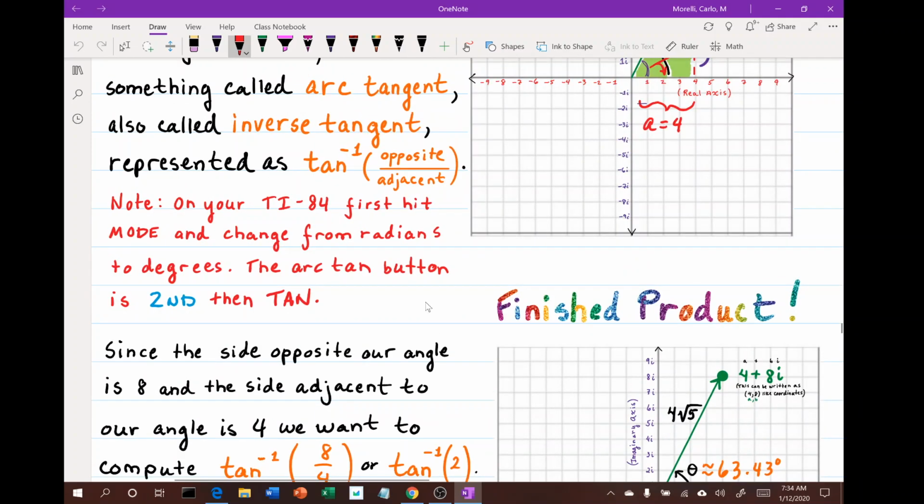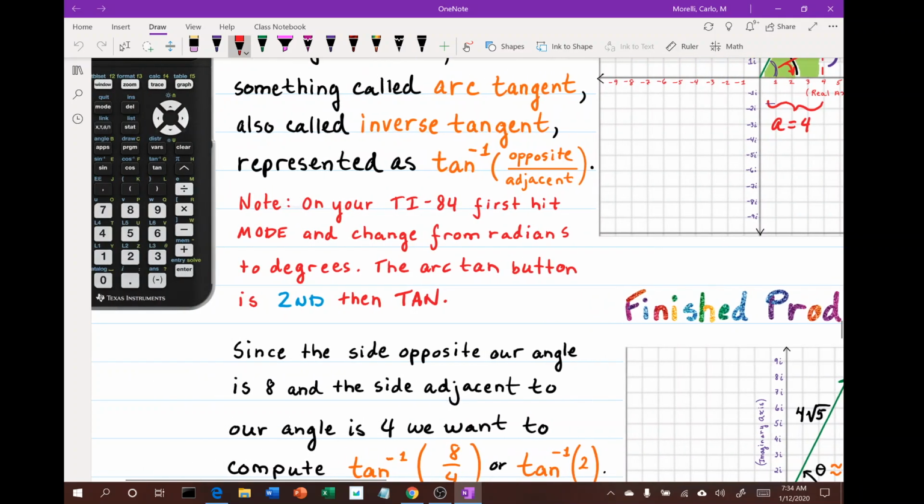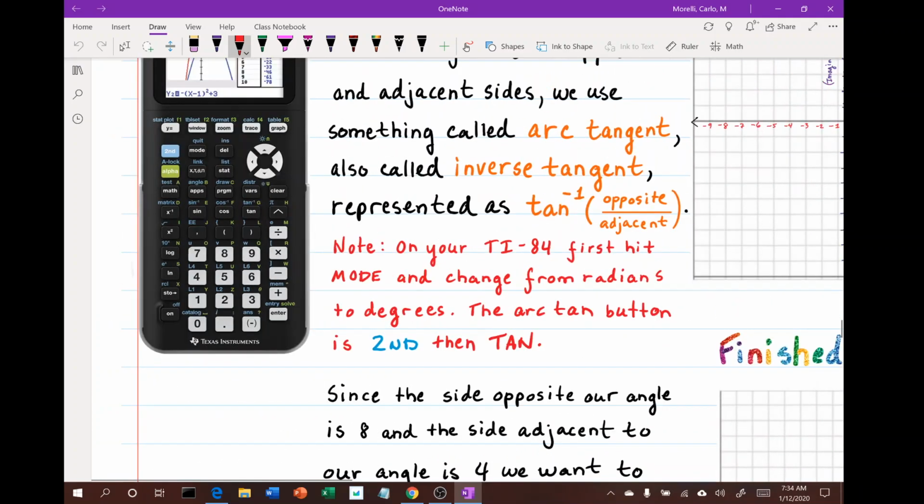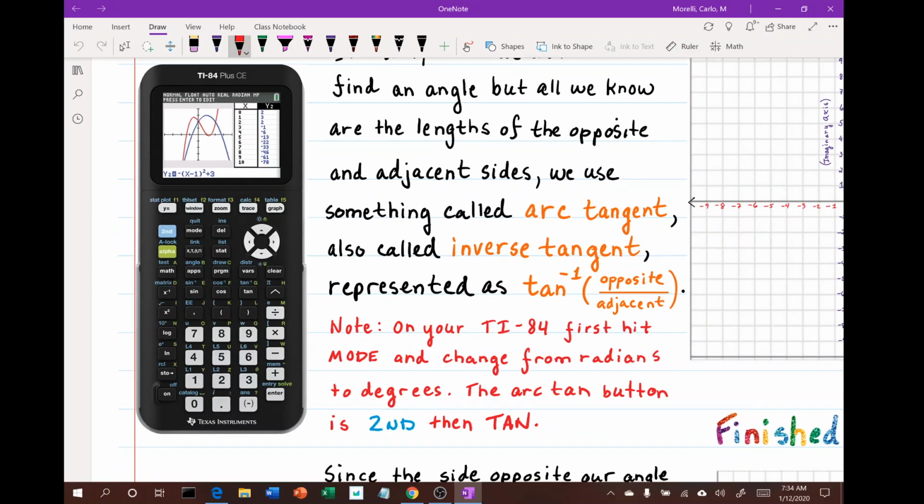On your TI-84 graphing calculator, you'll have to use one to actually calculate this. First, hit the mode button and then change from radians to degrees. By default, your TI graphing calculator is going to be in radians. But if you hit the mode button on that calculator, here's a little picture of one, you'll have a menu come up.